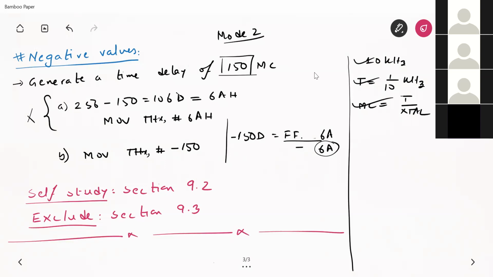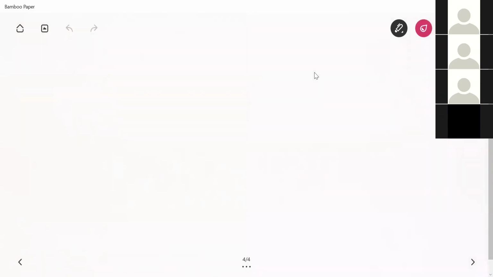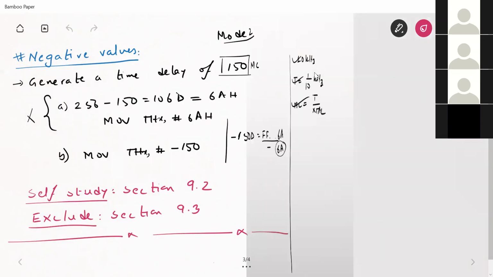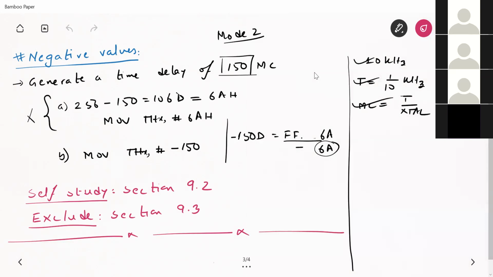Can I move on? Yes, sir. Sir, if we can program the microcontroller with C programming, why are we using assembly? Assembly has certain advantages, right? We have discussed it in our previous course, I think. You can directly deal with the internal structure of your microcontroller.